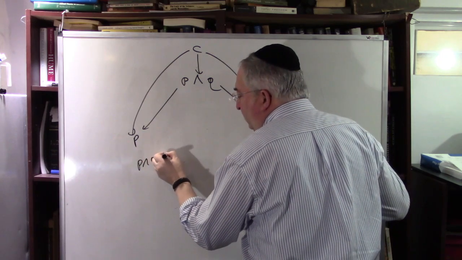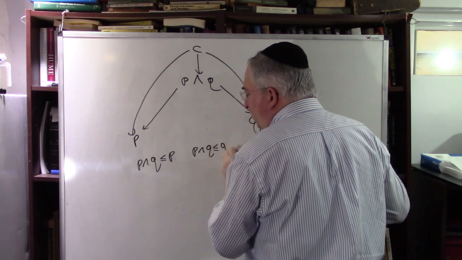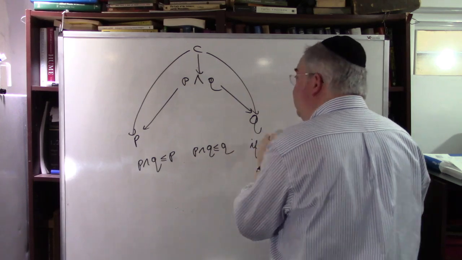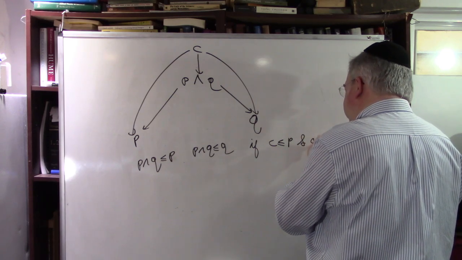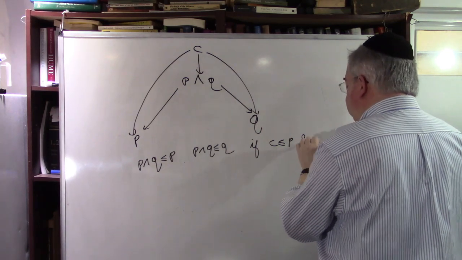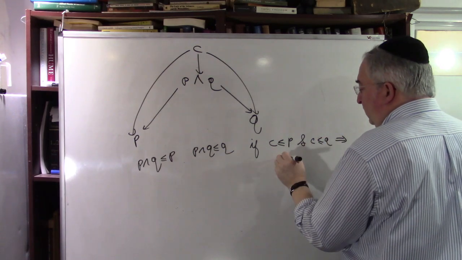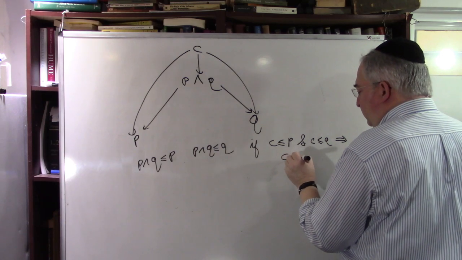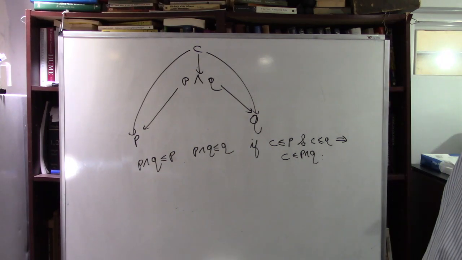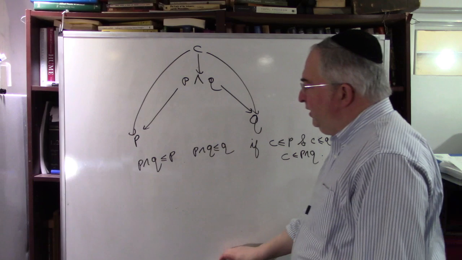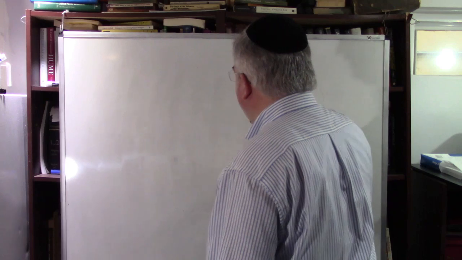P and Q is less than or equal to P. P and Q is less than or equal to Q. If C is less than or equal to P, and C is less than or equal to Q, then C is less than or equal to P and Q. Okay, that takes care of that. Great. So this is in any partial order.